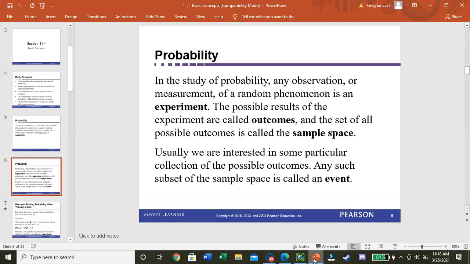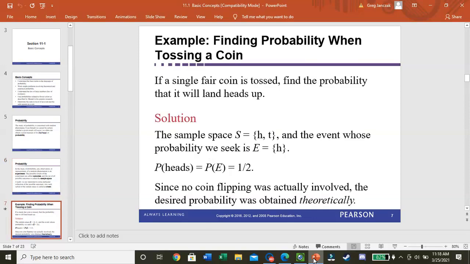In other words, an experiment is where we're looking at maybe picking marbles out of a bag, or straws out of a bag, different colors. That would be considered an experiment. Whereas if you're looking at a particular collection of possible outcomes, then that's an event.